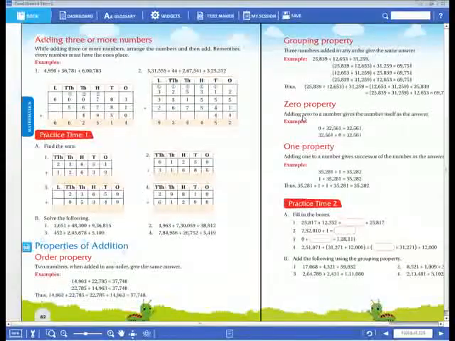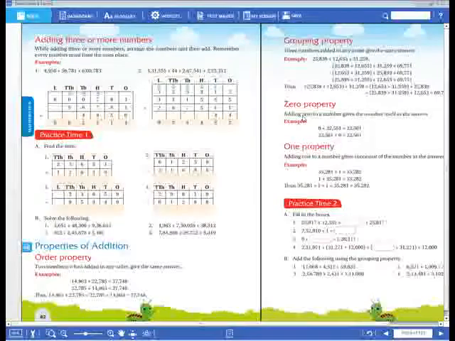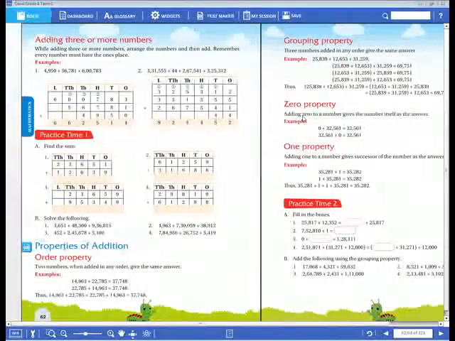Do that third problem. Okay, dear children. Now, do the third problem, dear children, now.